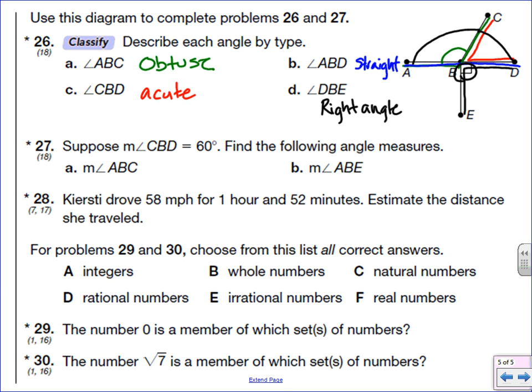So if CBD is 60, then 180 minus that is going to give me what ABC is, which is 120 degrees. And then ABE makes a linear pair or a straight angle with DBE. And DBE is 90, and 90 and 90 is 180.